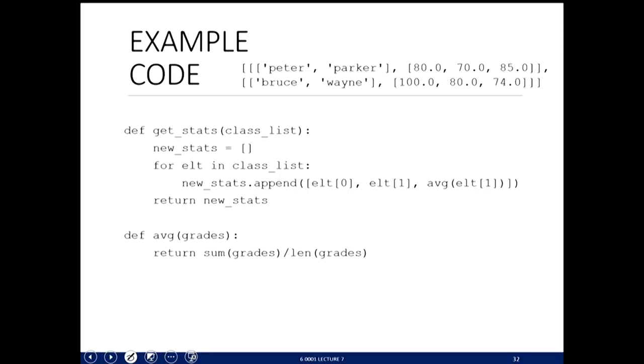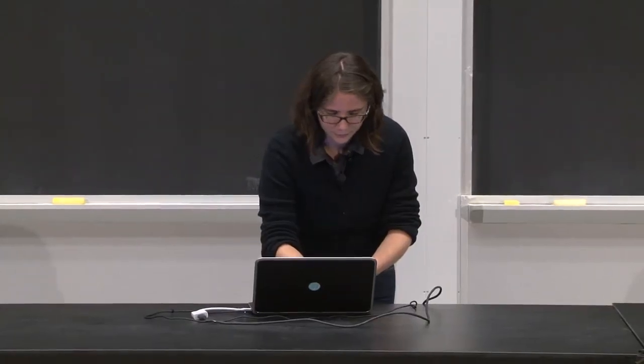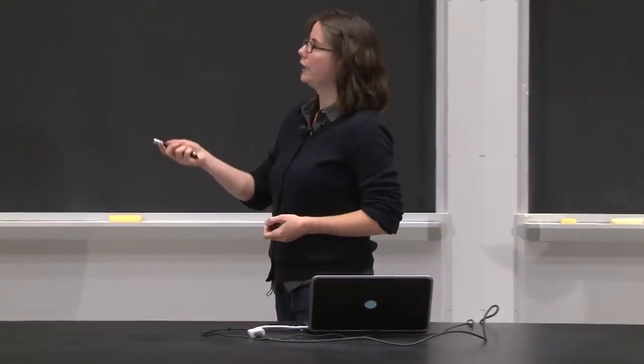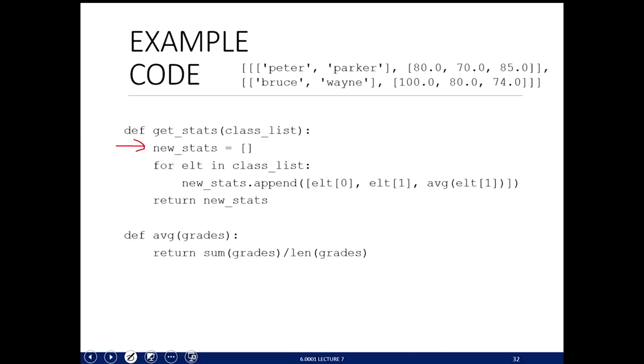So let's look at the code. This is a function that takes the class list, which is this whole list here. I'm creating a new list inside it, initially empty. And then I'm going for every element in the class list. I'm appending element at 0, which is going to be this first list here.